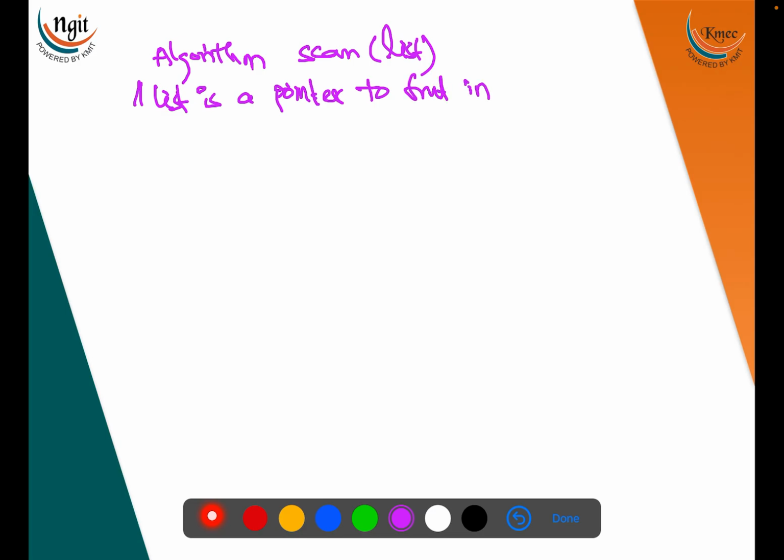We'll take a doubly linked list, with a pointer list and p1 equal to list, because every time I have to take two extreme points to calculate the slope.